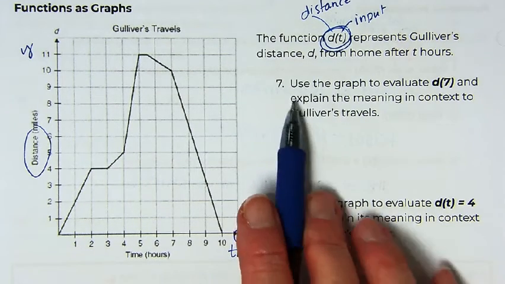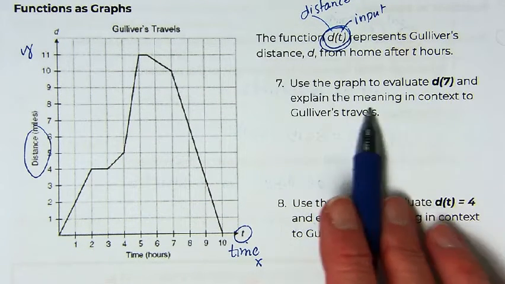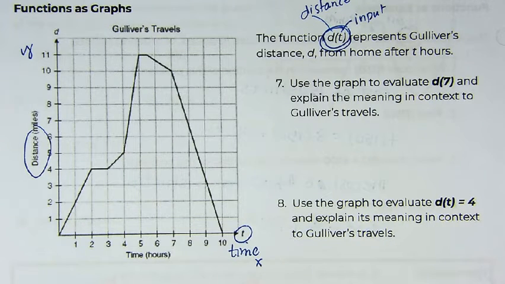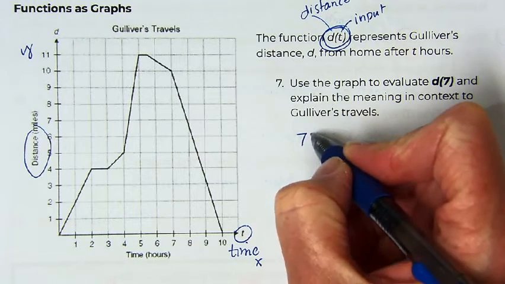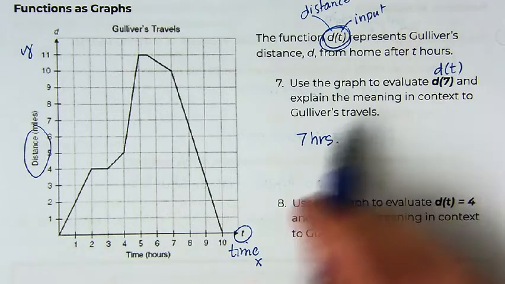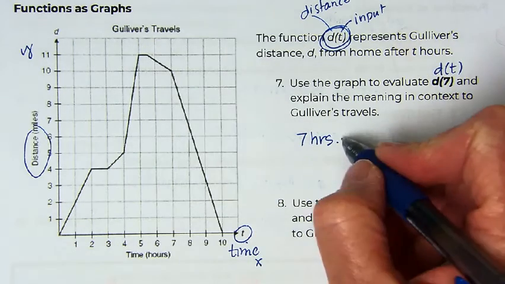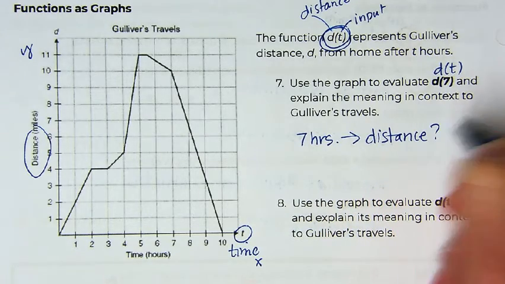So it says use the graph to evaluate d evaluated at 7 and explain the meaning in context to Gulliver's travels. Well, this is saying after 7 hours, so this is replacing time, so we know the time. After 7 hours, what is Gulliver's distance from home?